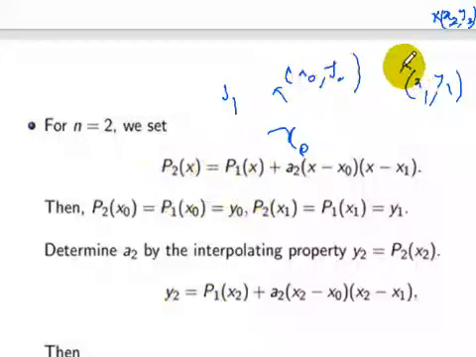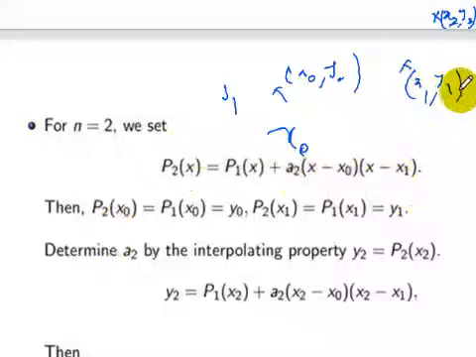Let's check this one as well. If you throw this x1 number into the equation, this becomes 0, right? It does not contribute any value when you throw this value into here. But p sub 1 evaluated at this point would be y sub 1. That means p2 also passes through this point.